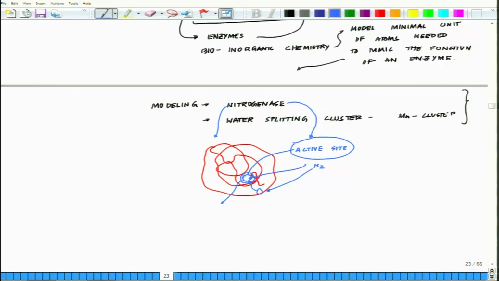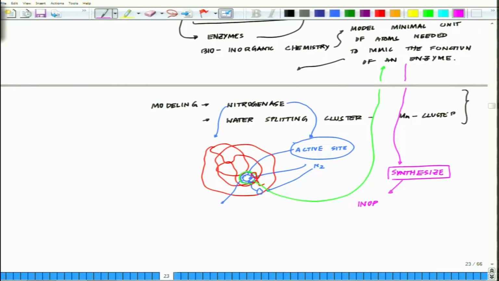What people are trying to do for a while, say for example they wanted to understand this structure in atomic resolution, and once they understand this structure in atomic resolution, they wanted to synthesize this structure outside the system, not by a biological route, by a simple inorganic route.